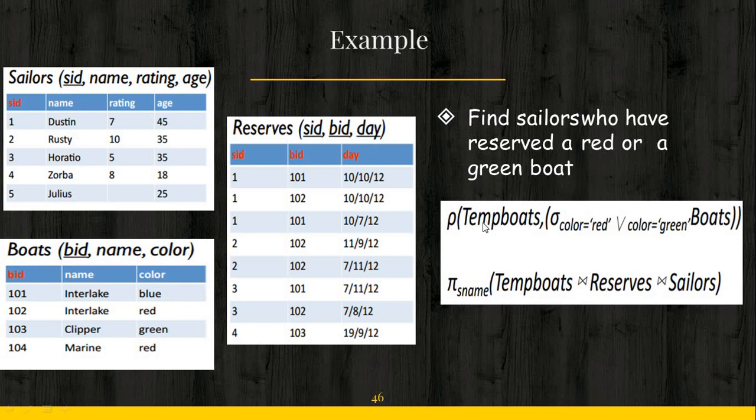I would write the temp boats instead of the boats table and all the other table names, because we have to find out the reserved red or green. That means from the boats table we will get the red and green, and from this I also get 102 and 103. From the reserves table I got who reserved 103 and 102, and from the reserves table I can get the SID, and from the sailors table I can get the names of those IDs. So this is the whole process.